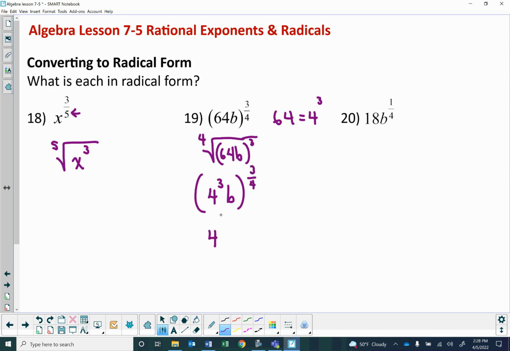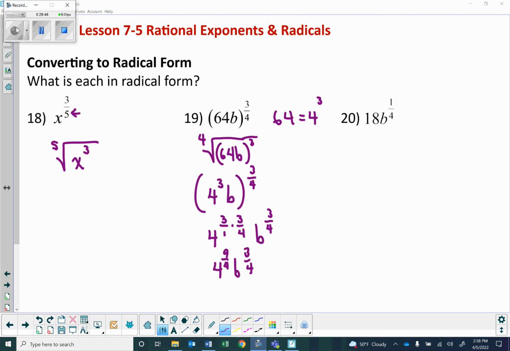So that would be 4 to the 3/1 times 3/4, and b to the 3/4. So this becomes 4 to the 9/4, b to the 3/4.